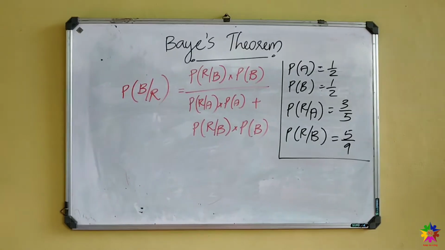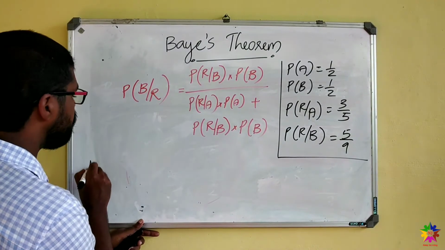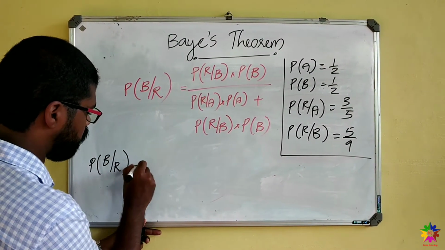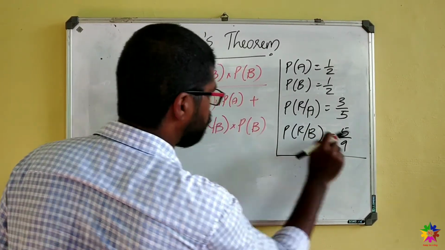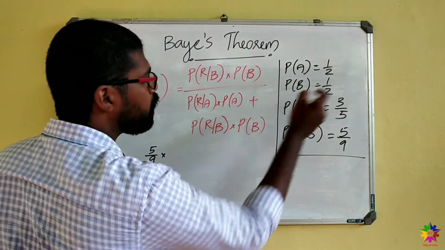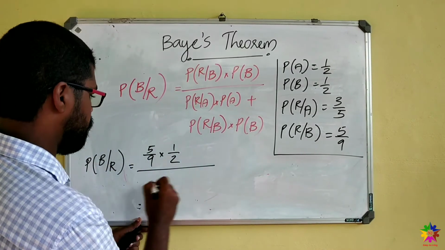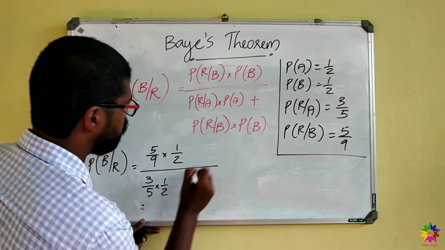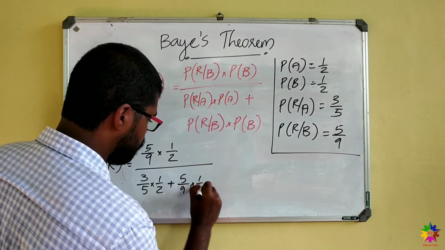Okay. So let us apply our values. That is, probability of box B given R is equal to R given B, that is 5 by 9, into probability of box B, 1 by 2, all divided by 3 by 5 into 1 by 2 plus 5 by 9 into 1 by 2.